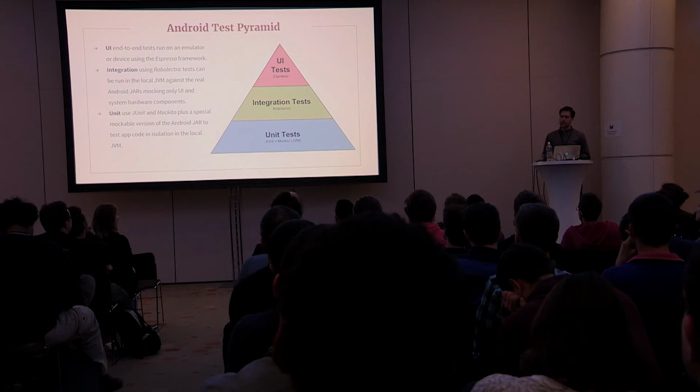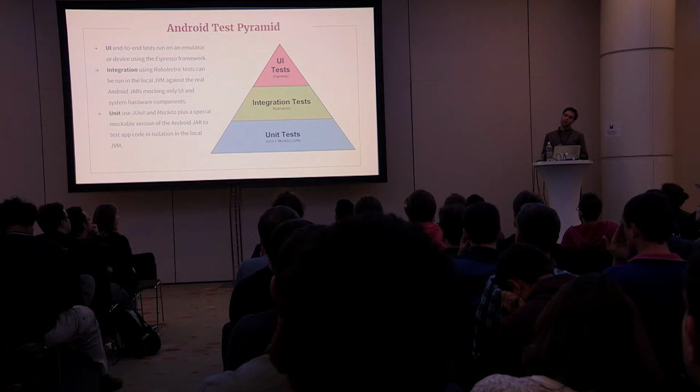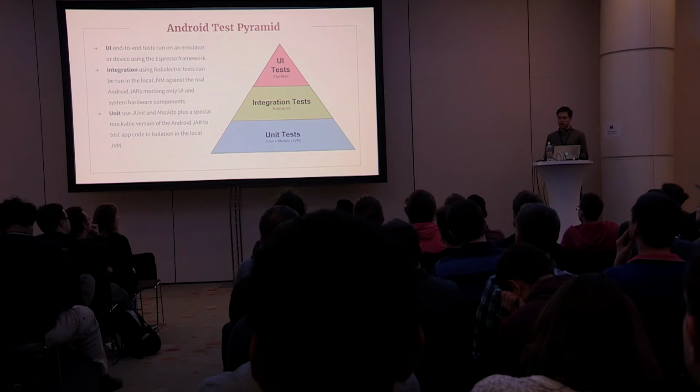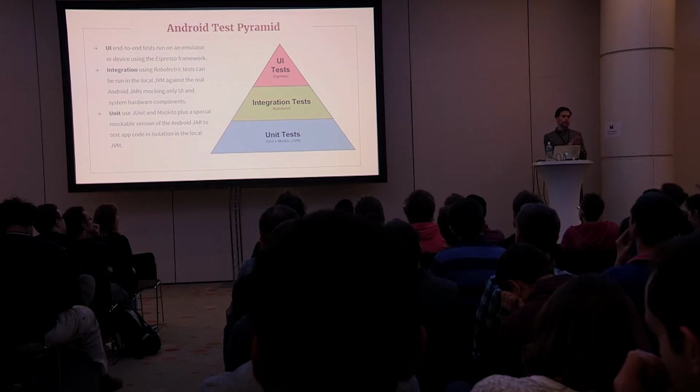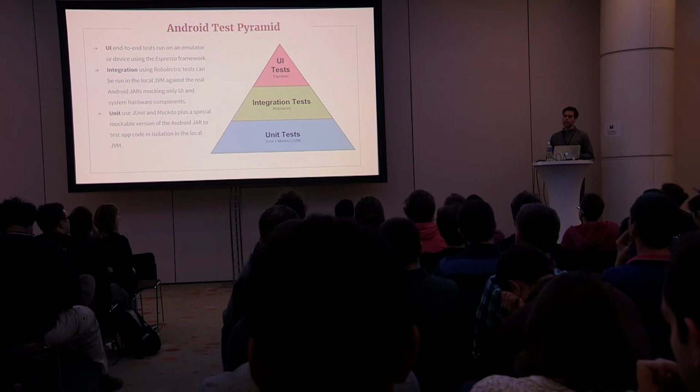Well, now it runs against the actual Android jars, mocking only those components that hit some low-level or native system component, or those that deal with the actual physical display.